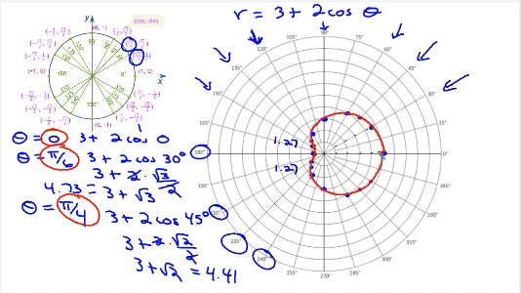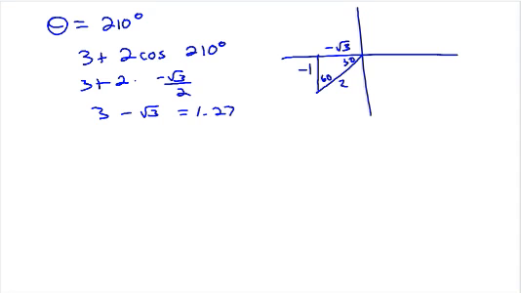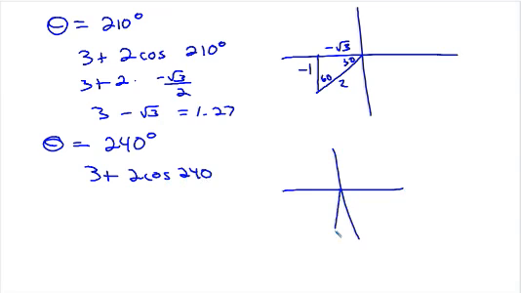Now, I want to make it clear, I told you that all these values were repeating. If you get stuck repeating the values, you certainly can just keep right on going with plugging them in. You don't have to worry about trying to match up the repeating values. If that frustrates you, you can just keep plugging them in. I can do 3 plus 2 times the cosine of 240. And then I can do my bow tie work over here, which is going to make that be 60.